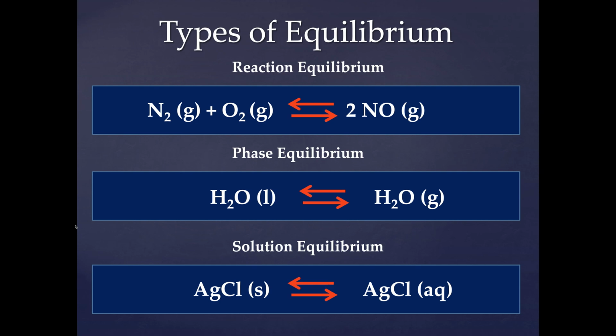Let me try that again, shall we? For every AgCl that dissolves, one AgCl will precipitate. And that is going to take place when the solution is saturated. If you have an unsaturated solution, the rate of dissolving is faster than the rate of precipitating. But if you're at equilibrium, you have equal rates between dissolving and precipitating.